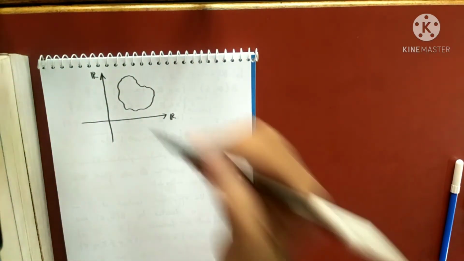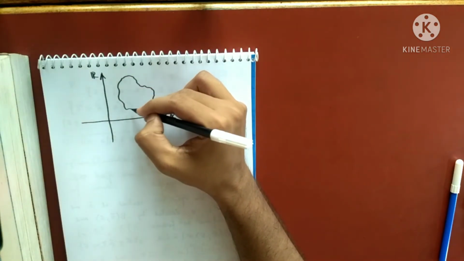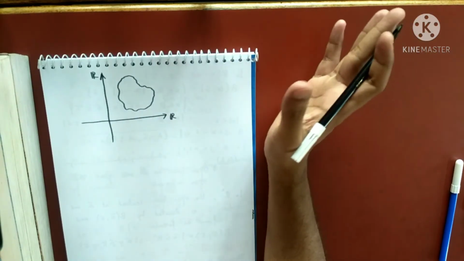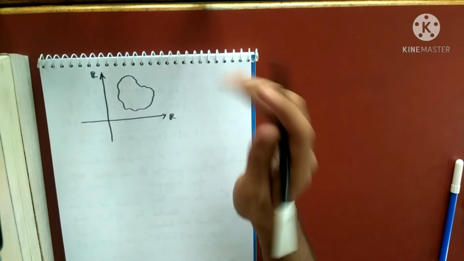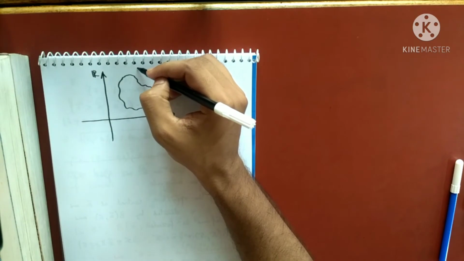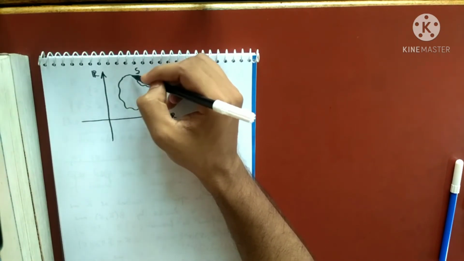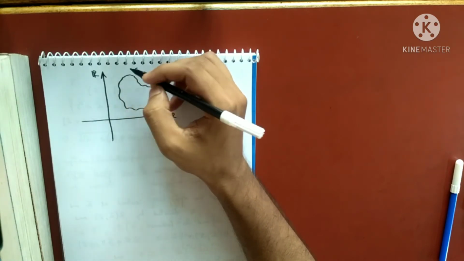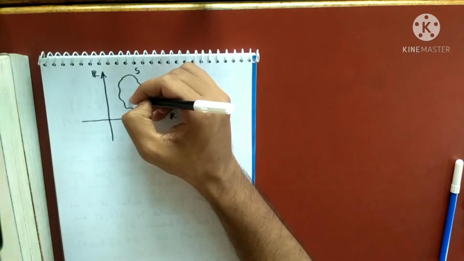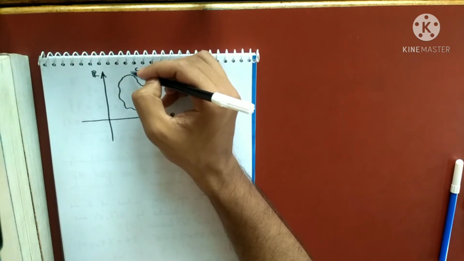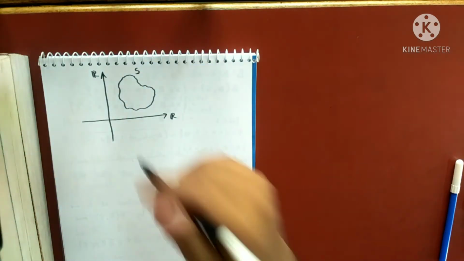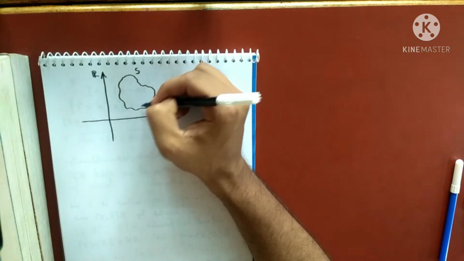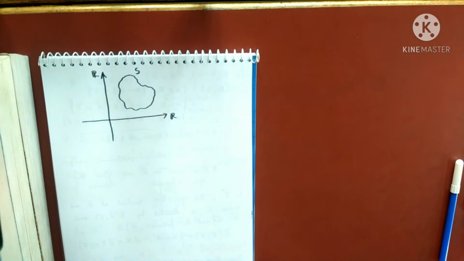Suppose this curve is f(x, y) equals 0. Anyway, I am not making things complicated for the time being. Suppose this S is nothing but the points inside this curve, inside this boundary, and lying on it also. So this is a point of S, this is a point of S. S comprises all the points on this boundary as well as inside this region. Okay, this is my set S.